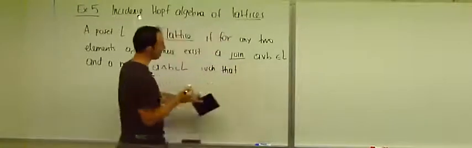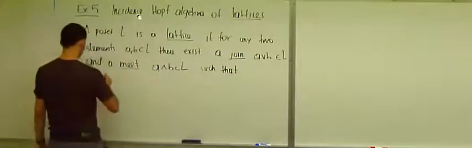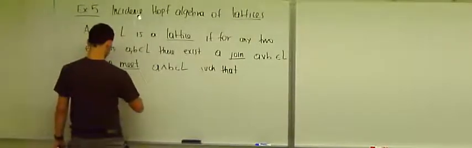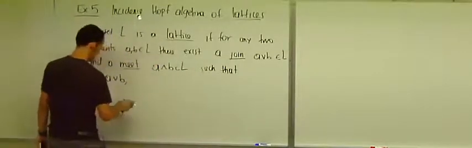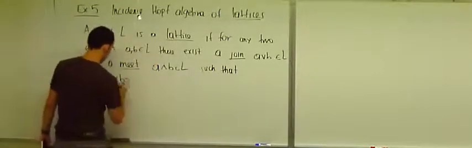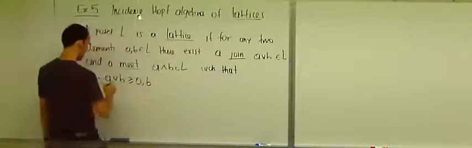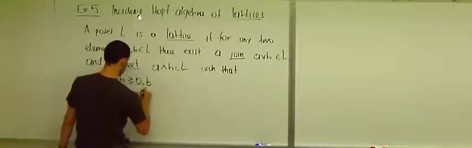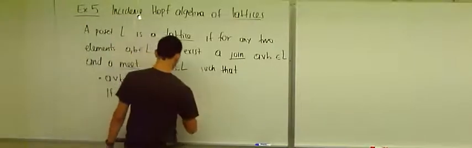So you want to think of the join as the least upper bound and the meet as a greatest lower bound. So the join satisfies that it's greater than or equal to A and B, and if C is greater than or equal to A and B, then C is greater than or equal to the join.